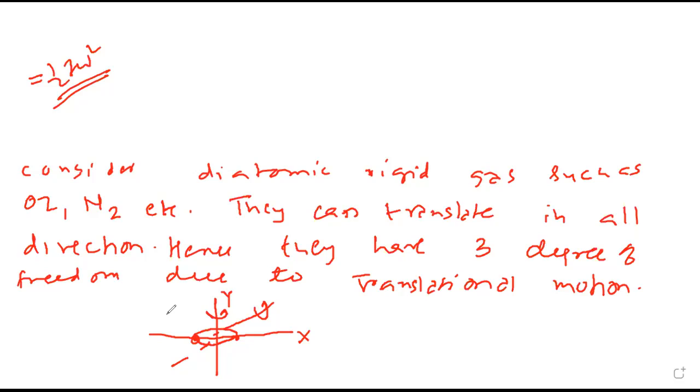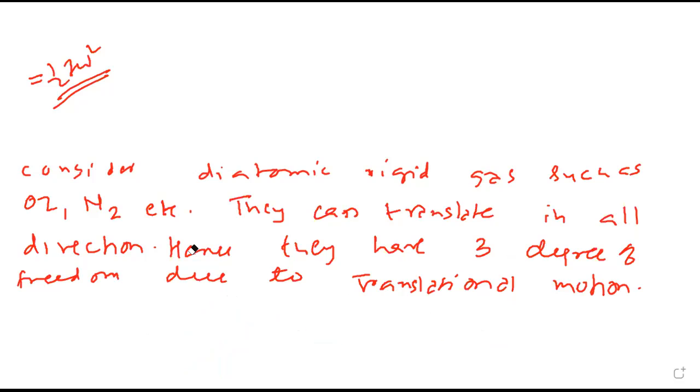If you rotate along the y-axis, then they are situated at a certain distance from the y-axis, so that will give rotational kinetic energy. If I rotate about the z-axis, the molecules are situated at a certain distance from the z-axis. But if I take the x-axis, they are on the x-axis. So they will have translational motion 3, but rotational motion only 2, because for the third, the moment of inertia becomes 0.